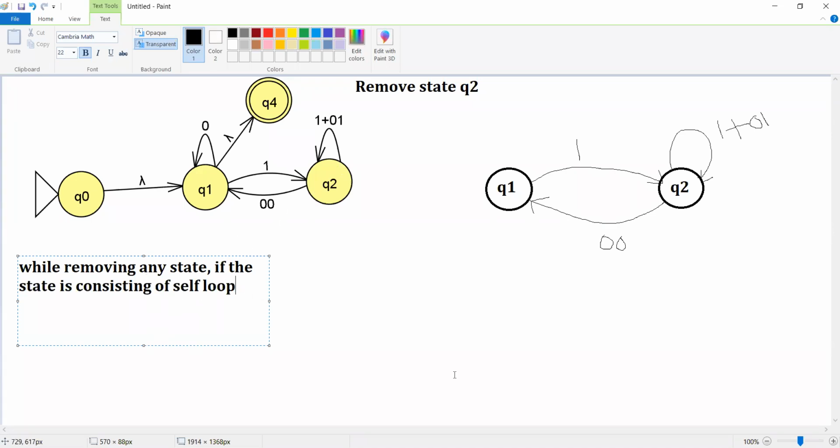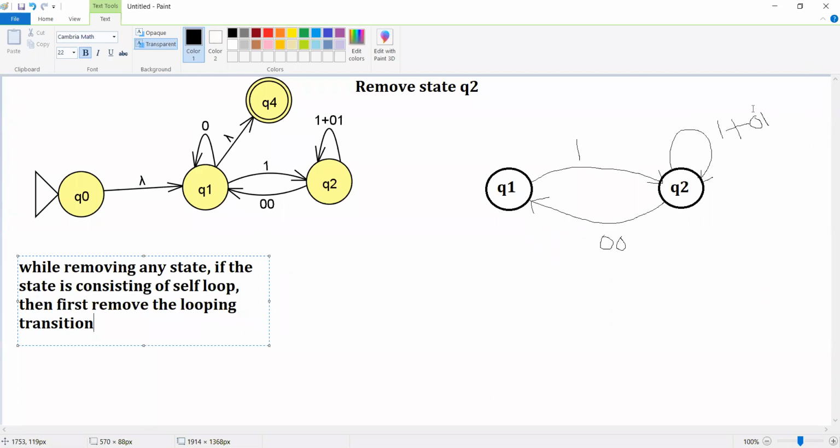So in such cases, if the state consists of a self loop, first we need to remove the looping transition. How to remove that looping transition? I already told you, we need to take that loop term, which is 1 plus 01 whole star.